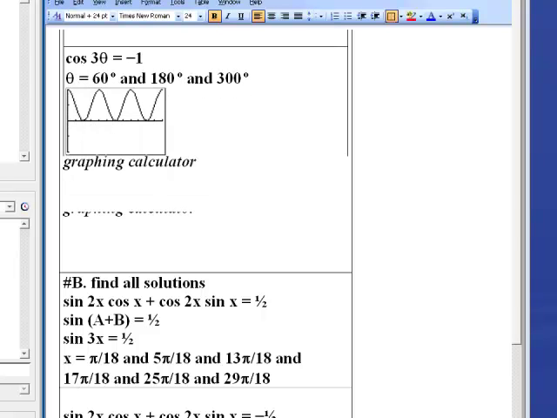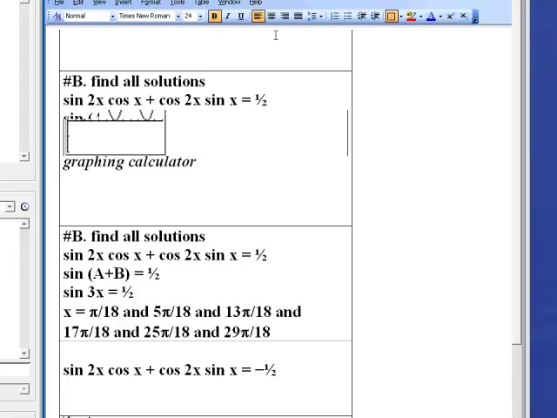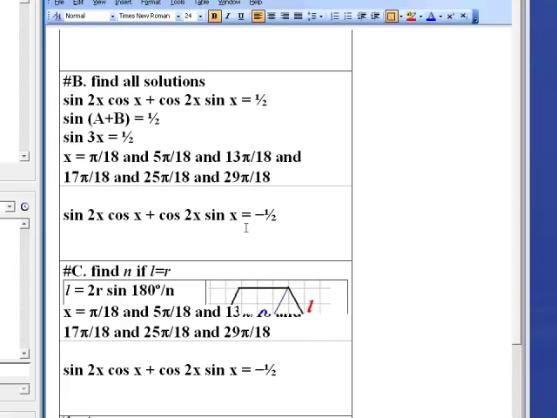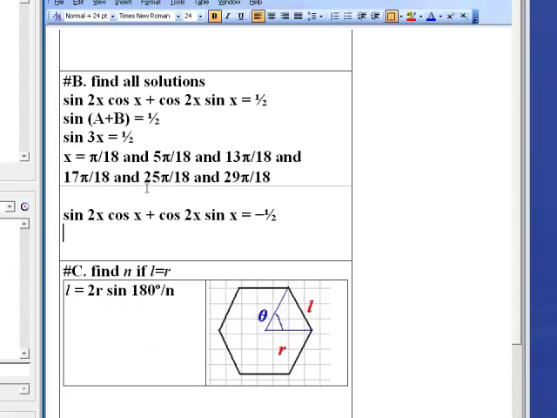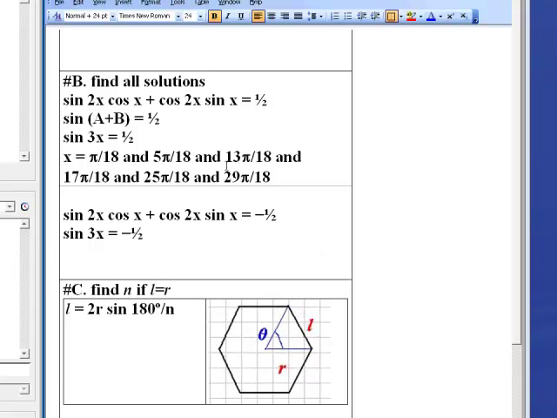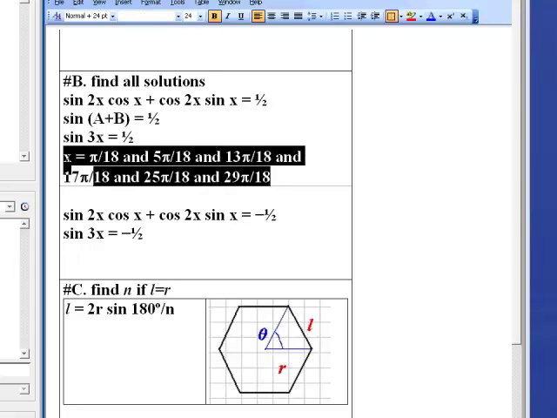Okay, this one here, obviously the same kind of sum formula. So we're going to come up with sine 3x equals -1/2. Our solutions this time around would be kind of similar to these here.